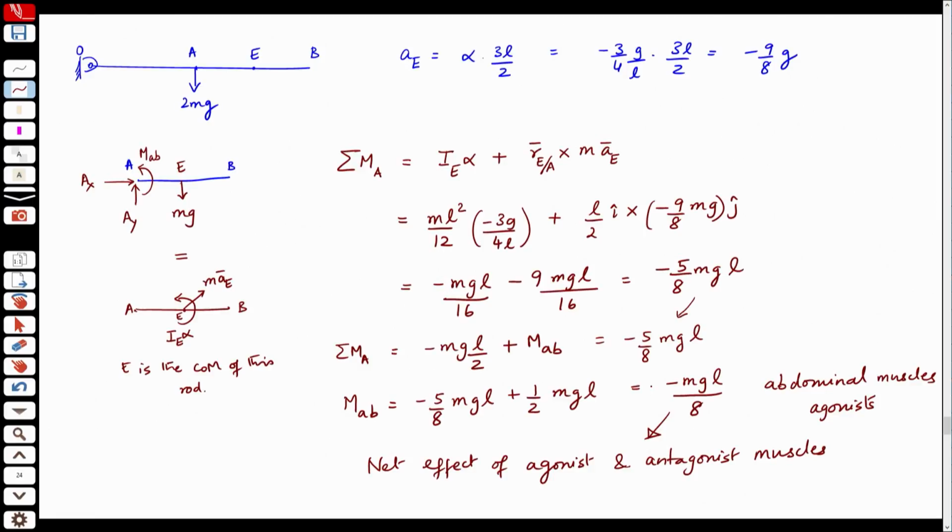The best you can do is compute these net moments. You need more sophisticated models which model the individual ligaments and muscles, but those are very hard to solve. You have to use some kind of optimization techniques to solve those models.